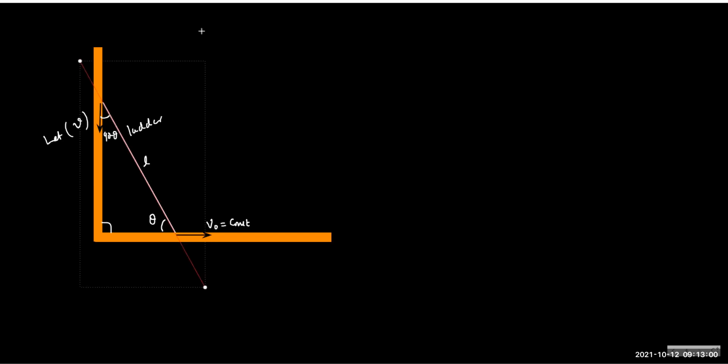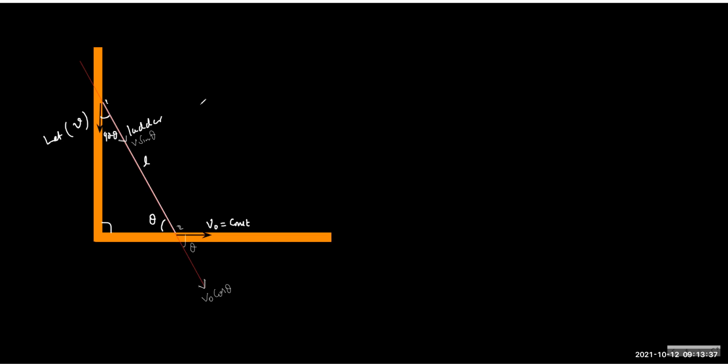The L is constant. Now we can resolve the velocity along this line joining the ends, let's call them 1 and 2. What is this angle? Theta. So what is this component? V naught cos theta. And assuming the first point has velocity v, this component will be v sin theta. Now what is the velocity of separation or approach here?